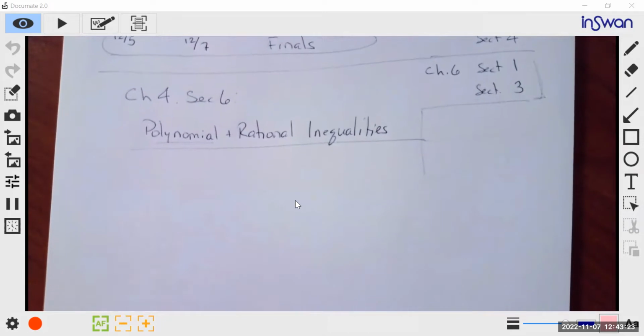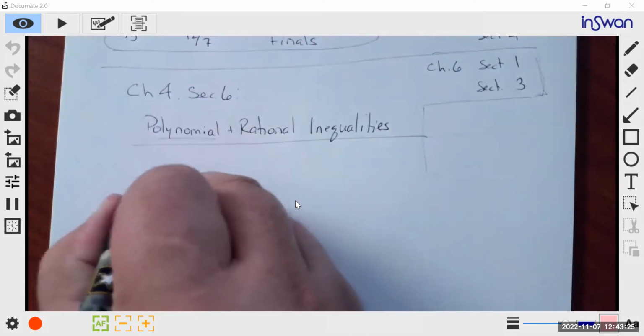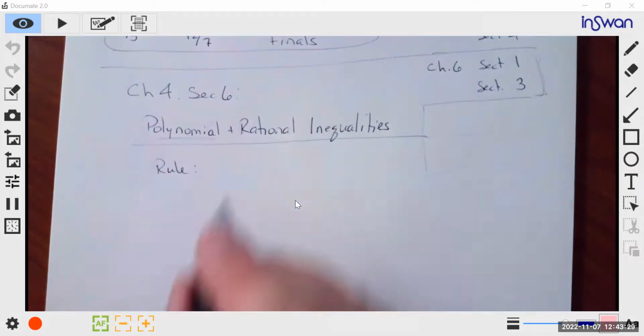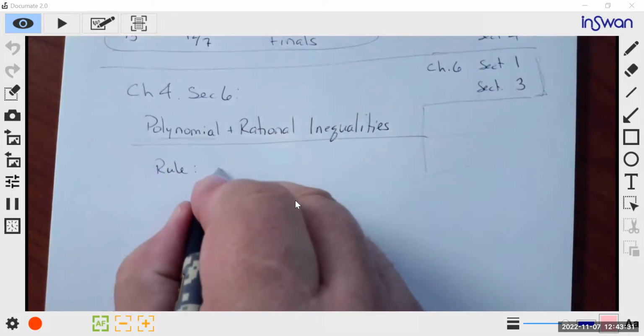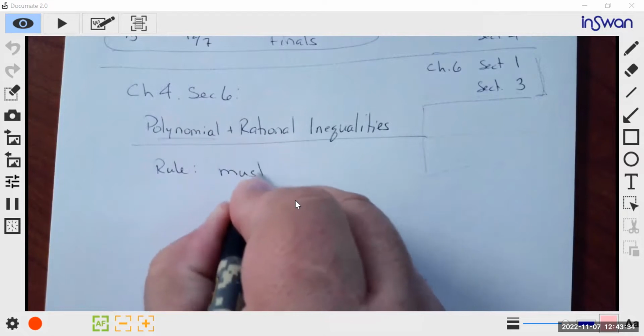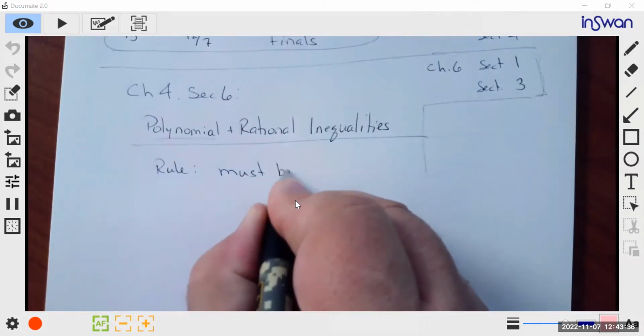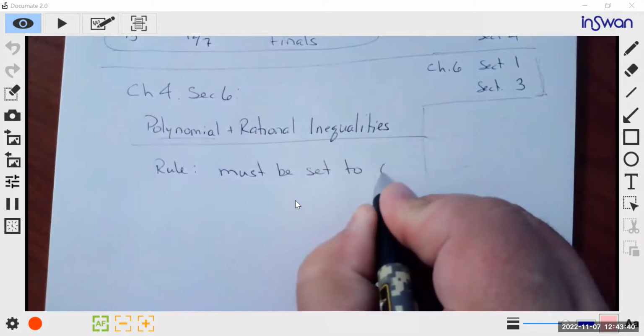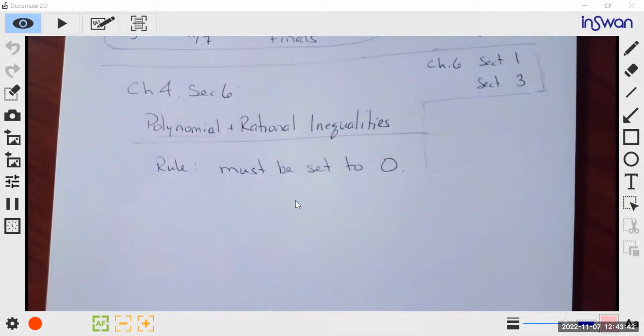Polynomial inequalities. Here's the rule here. It must be set to 0.